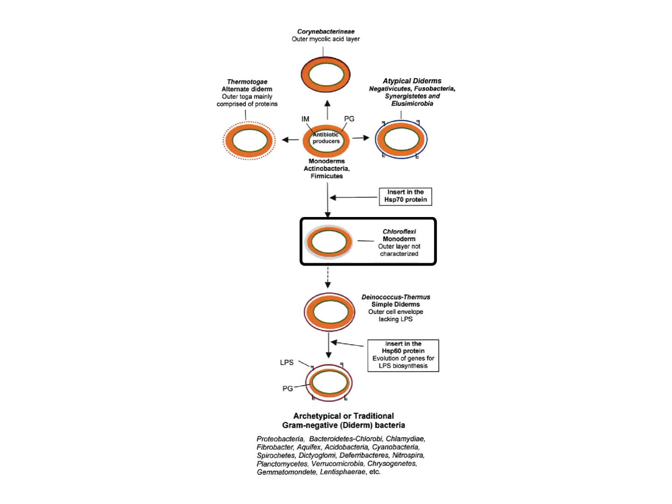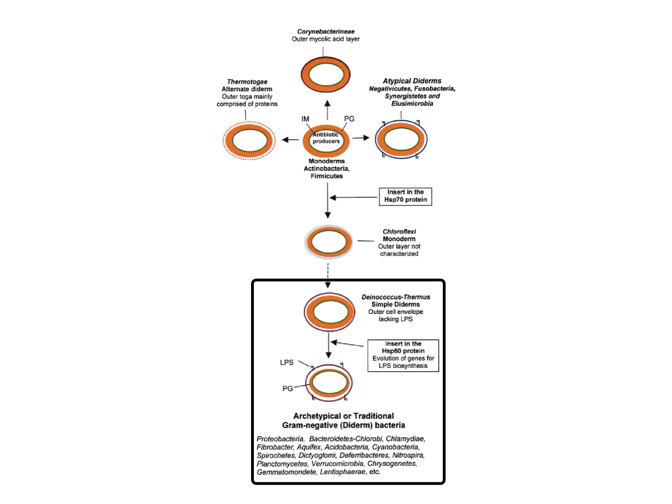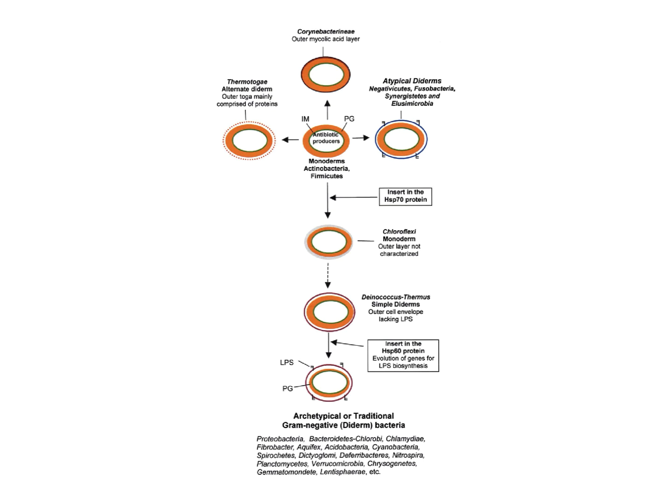Then you have Chloroflexi, which is a monoderm also, but has a sort of uncharacterized outer layer. And then you come down here into these diderms that have lipopolysaccharides in their outer cell membrane, which is characteristic, although these ones also have that lipopolysaccharide in their layer. So you can already see that there's somewhat of a complex picture between the monoderms and the diderms.